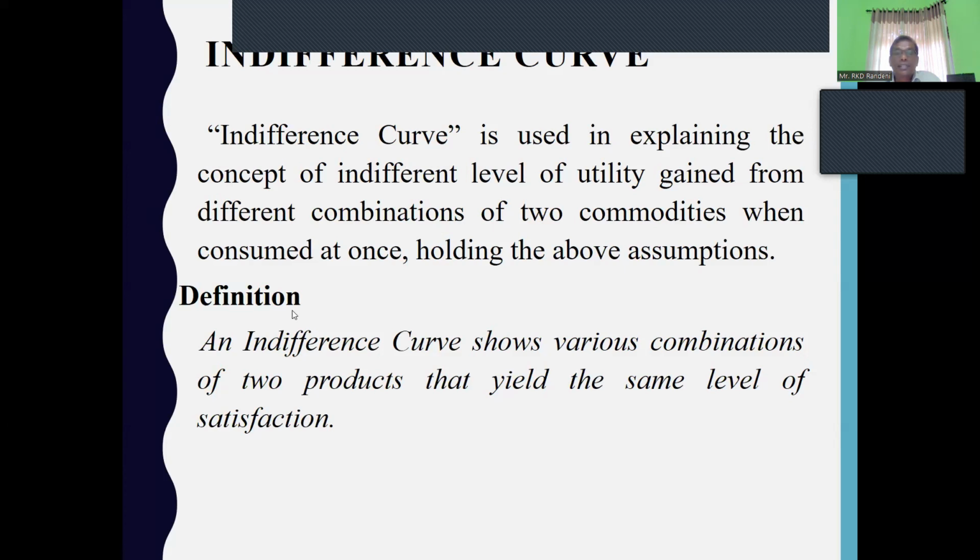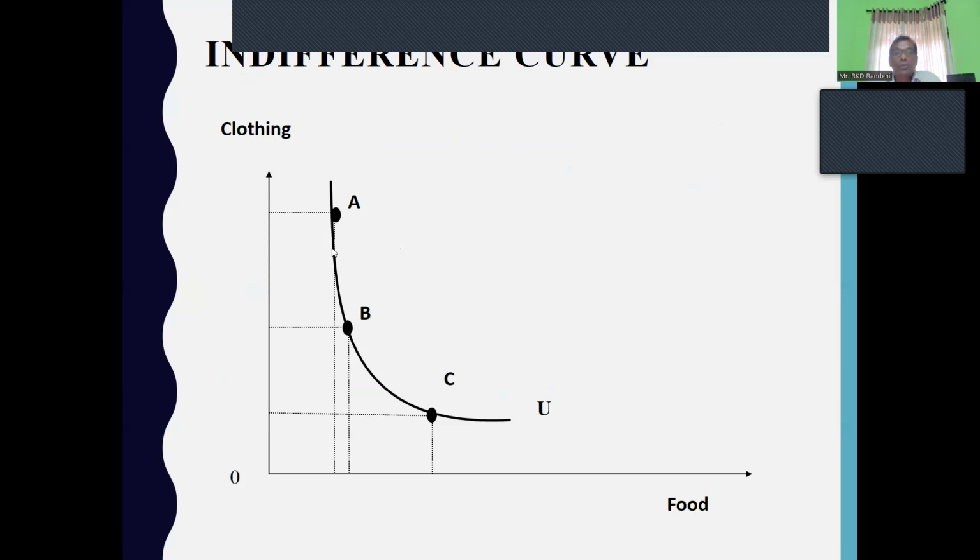What is the indifference curve? Definition: an indifference curve shows various combinations of two products, two goods, that yield the same level of satisfaction. Any point on the indifference curve, not only points A, B, C, gives equal satisfaction, but the commodity bundle is different.